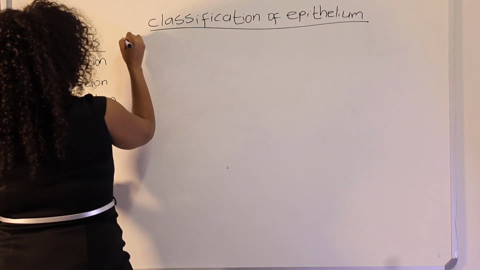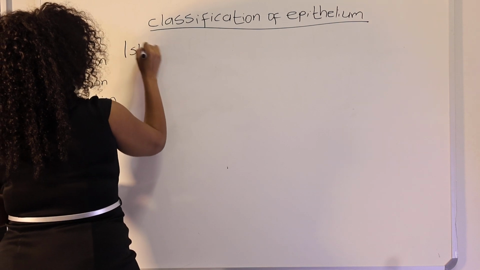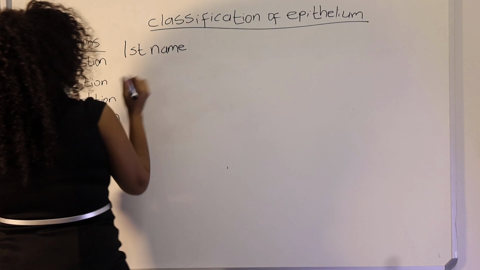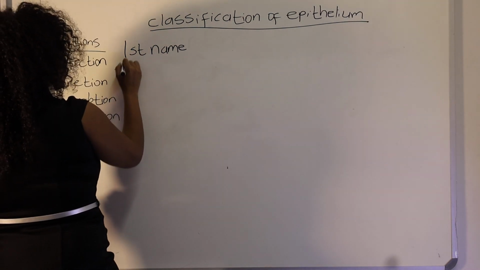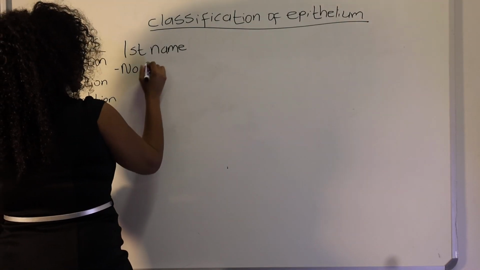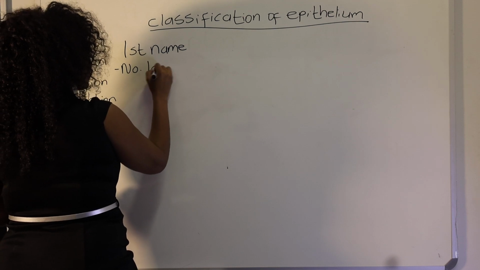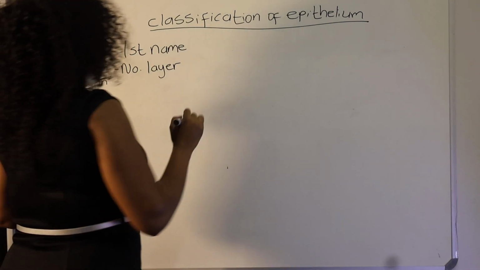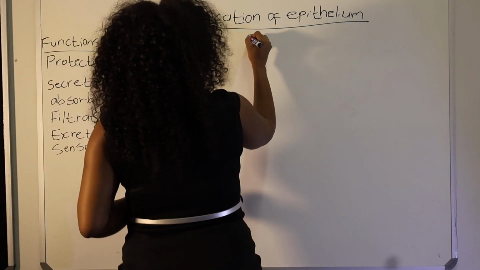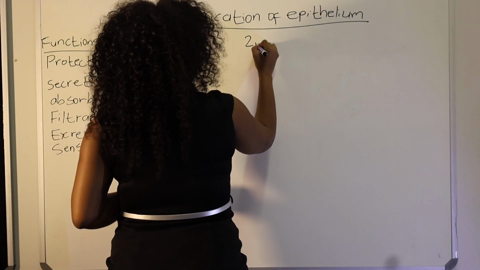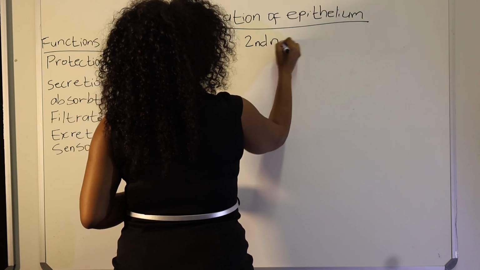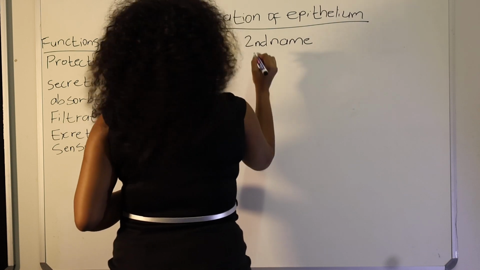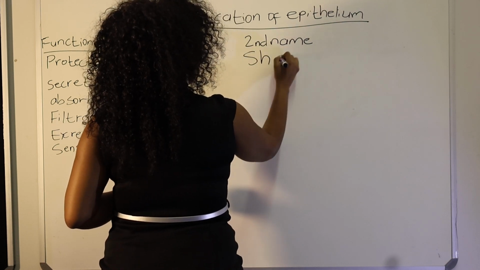So the first name tells you about the number of layers, and then the second name tells you about the shape.